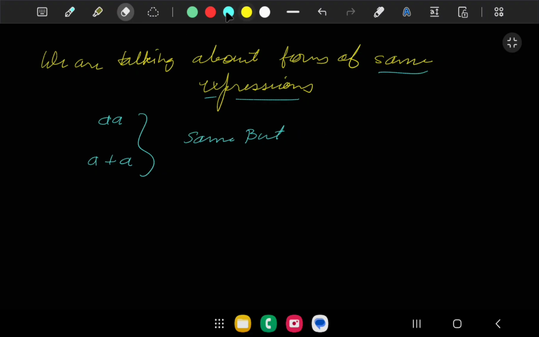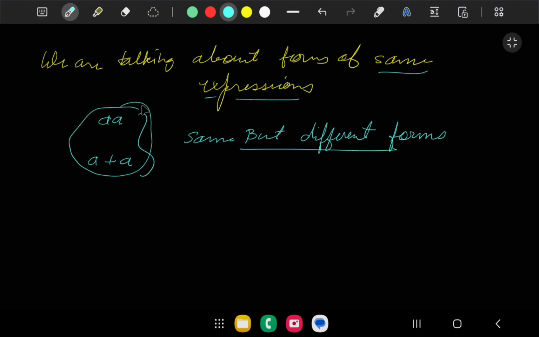We are talking about forms of the same expression. Right?